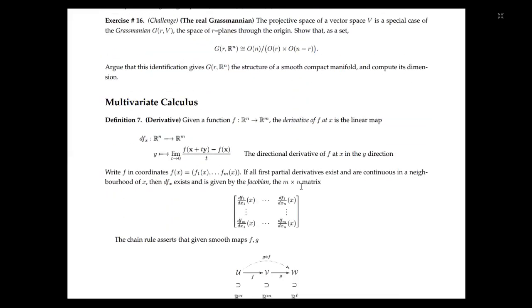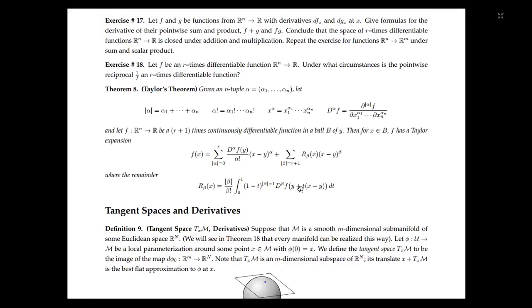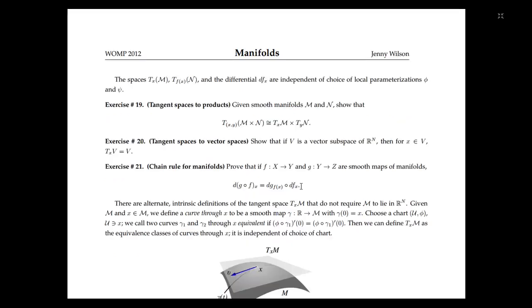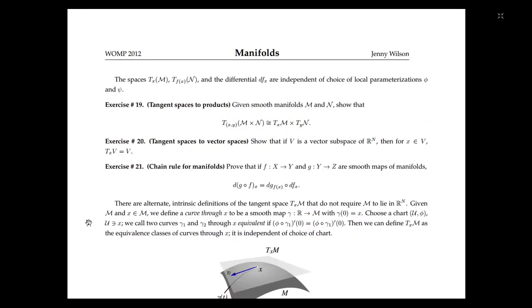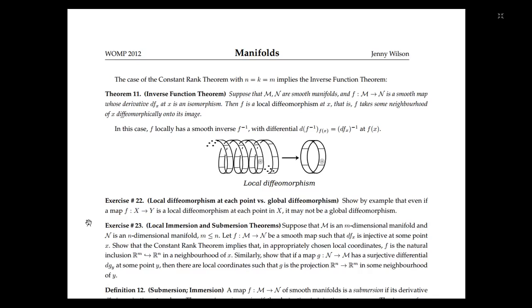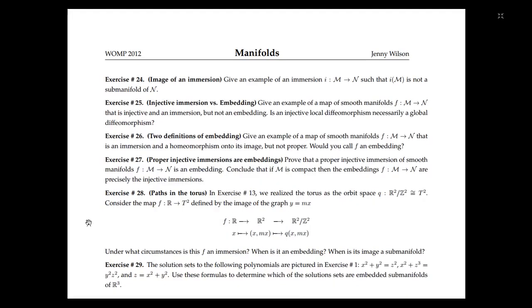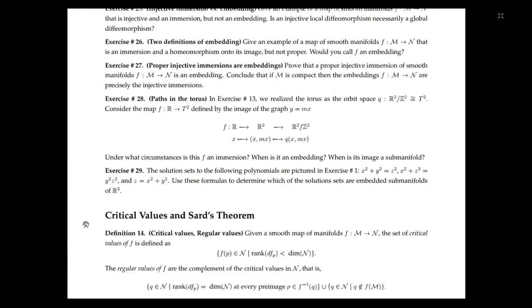So in this short introduction we can see a lot of stuff like the tangent space that we defined, also the formal definition of the tangent space, what it means, how it is defined, and other concepts like immersion, embedding, and etc., which we had a brief look at also.